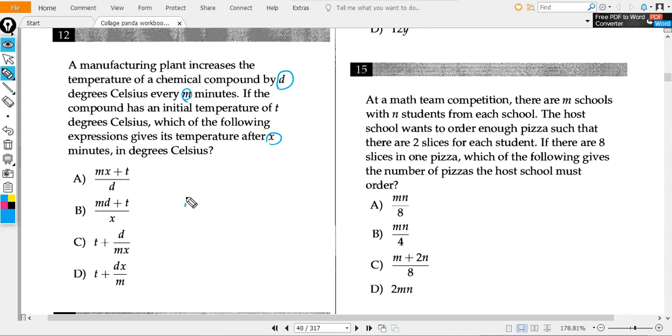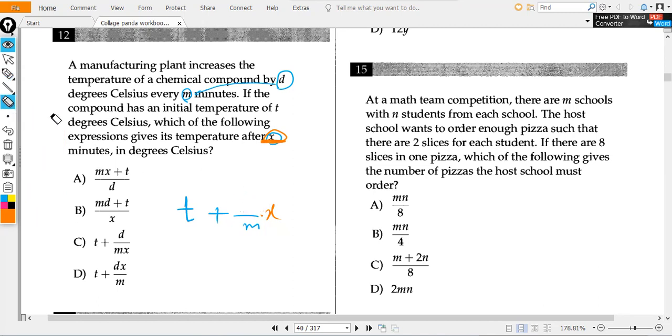So the initial temperature is T. We will add D over M, the rate of change. The rate of change is D over time, so D over M, where the number of minutes is M. The number of degrees divided by the number of minutes represents the rate of change. But be careful here. We have X minutes, so I will multiply it by X.